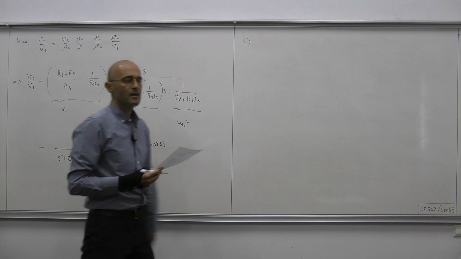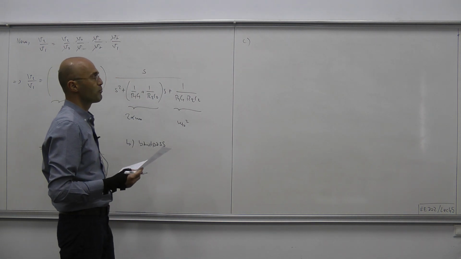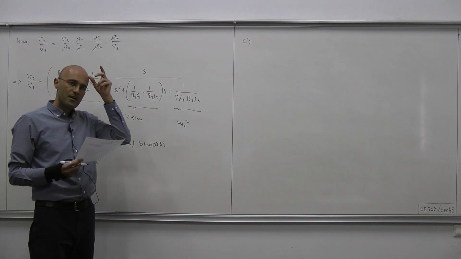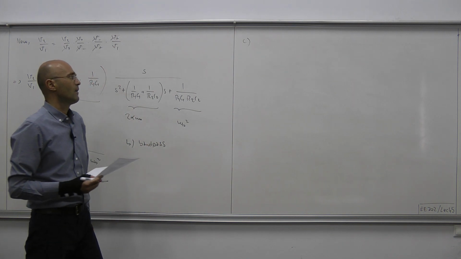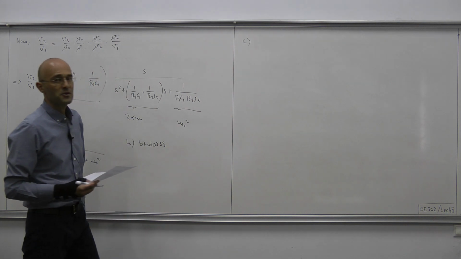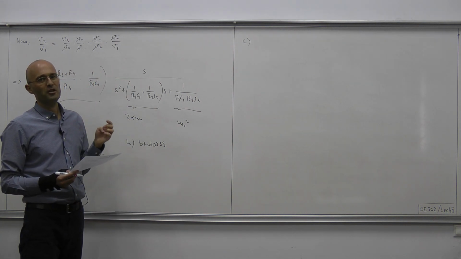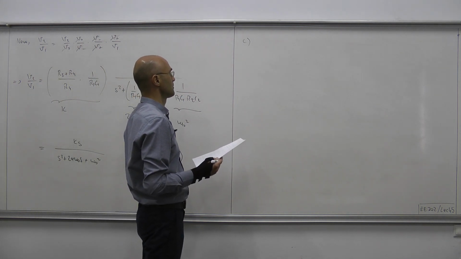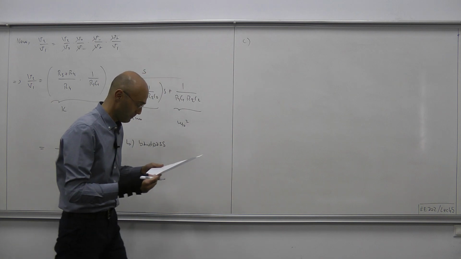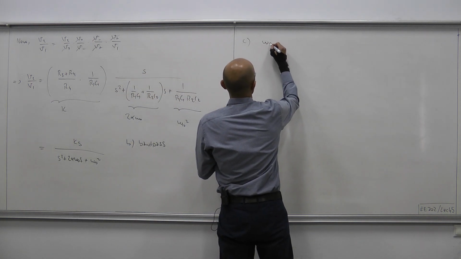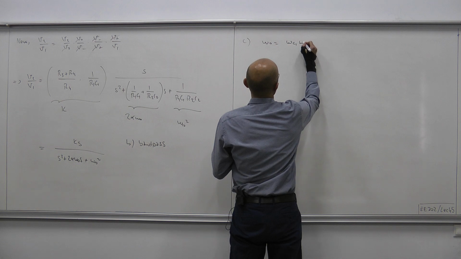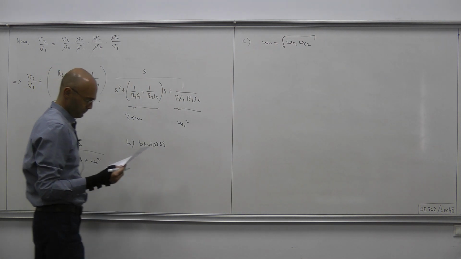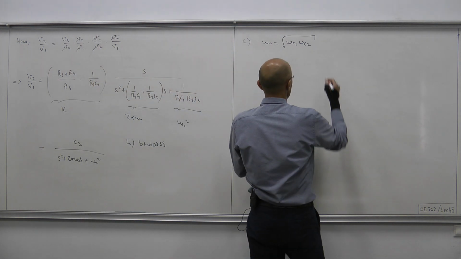We were given the cutoff frequencies from which we can compute the center frequency omega 0, because we know that the center frequency appears as the geometric mean of the two cutoff frequencies. Okay, so omega 0 equals the square root of omega C1 times omega C2.